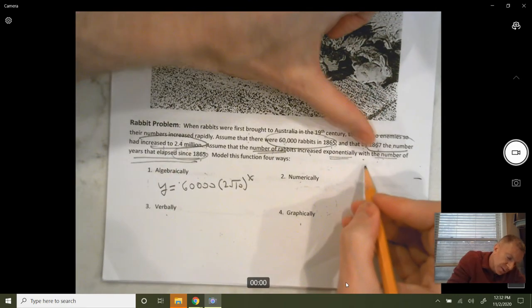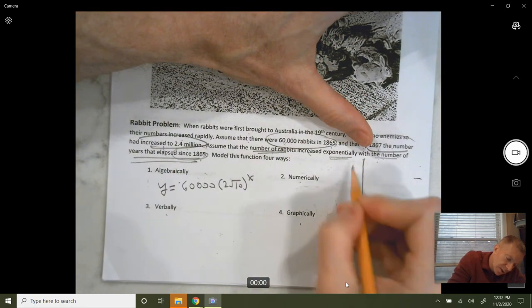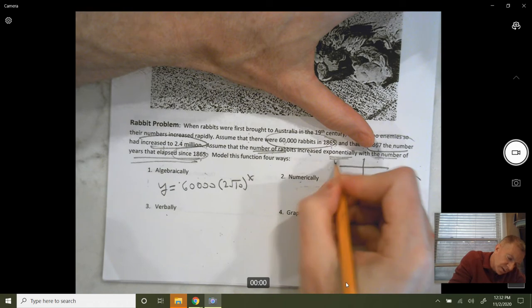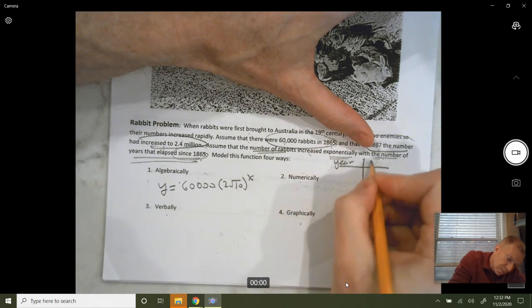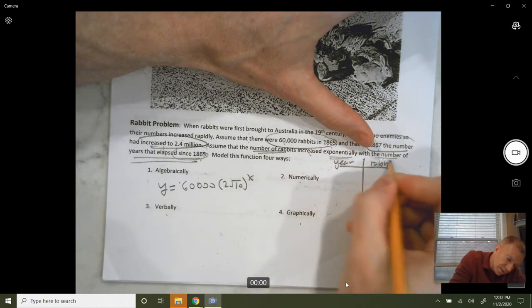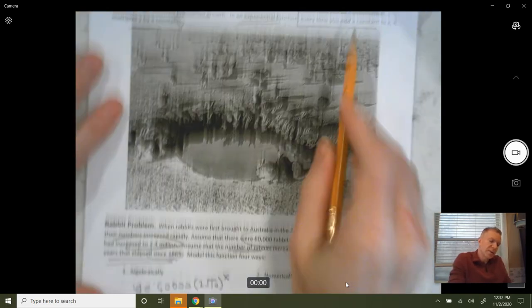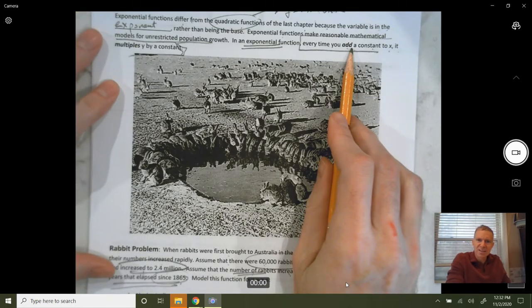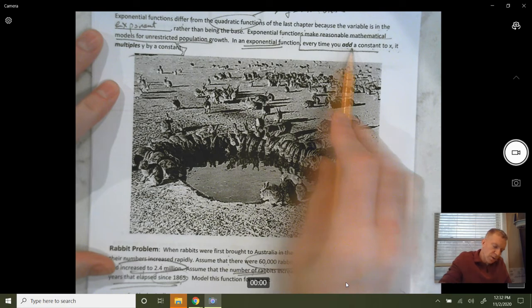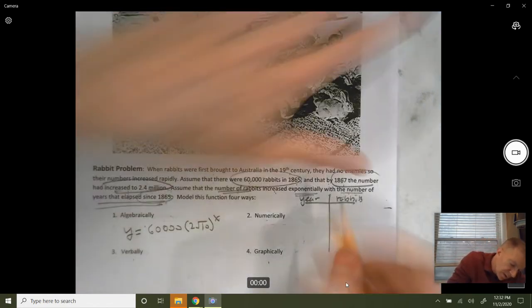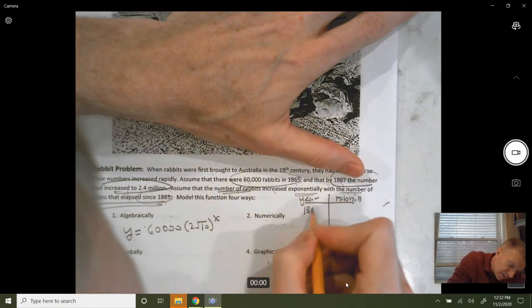Well, numerically we said there's a property. So we have a year and we have number of rabbits. There was a property, every time you add a constant to x, you multiply y by a constant. So we have the year 1865.